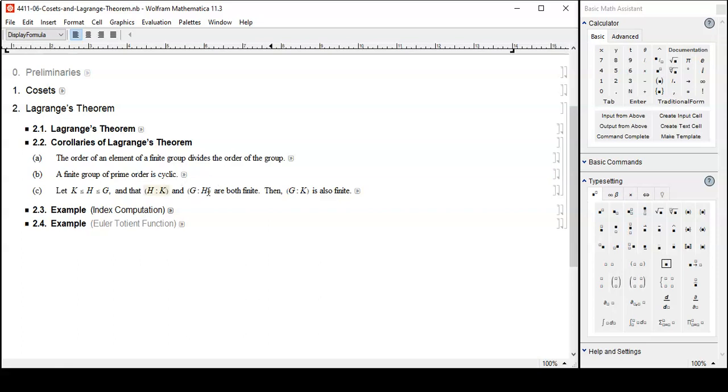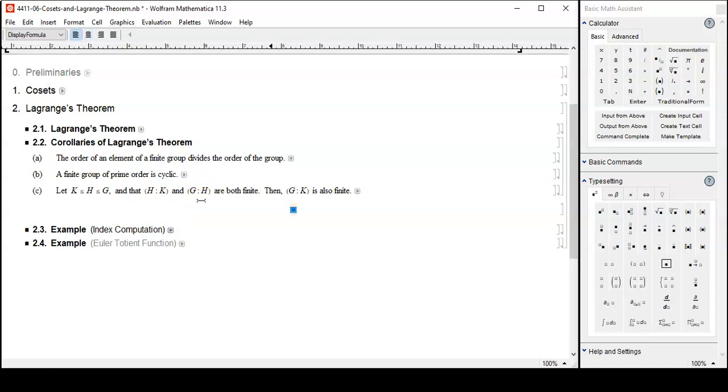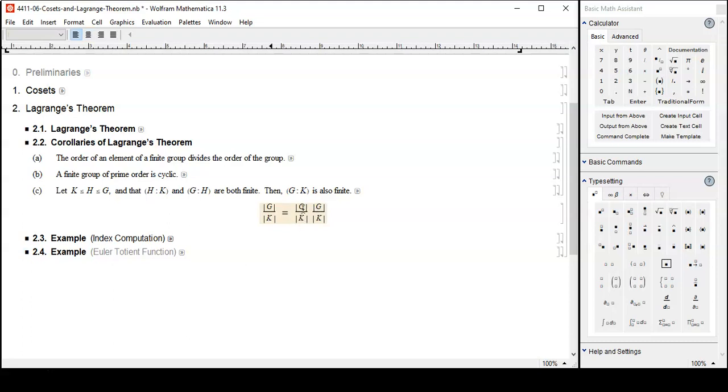Nothing more than this: the index of K in G means the cardinality of G over the cardinality of K, and then we write it as a product of the two ratios. We are talking about finite indices anyway.